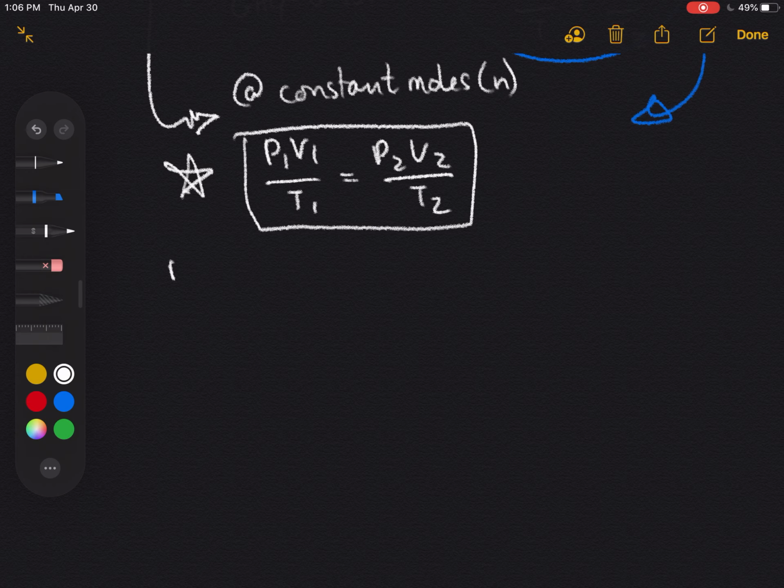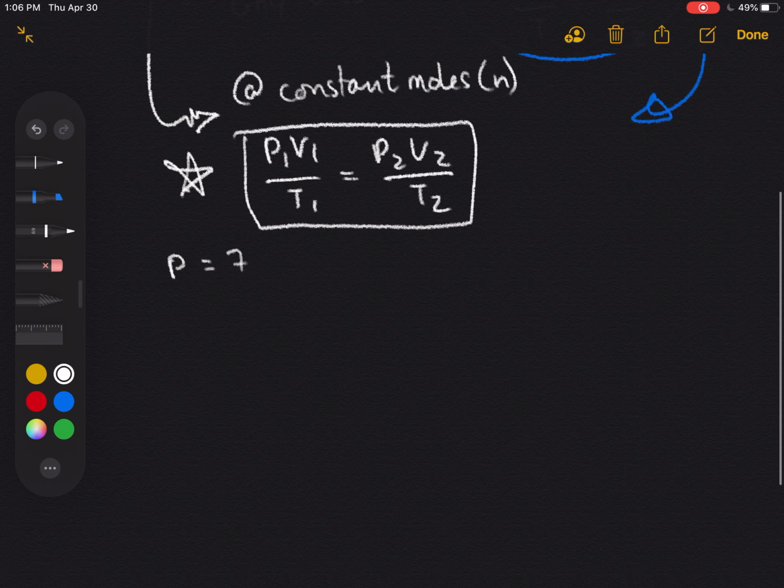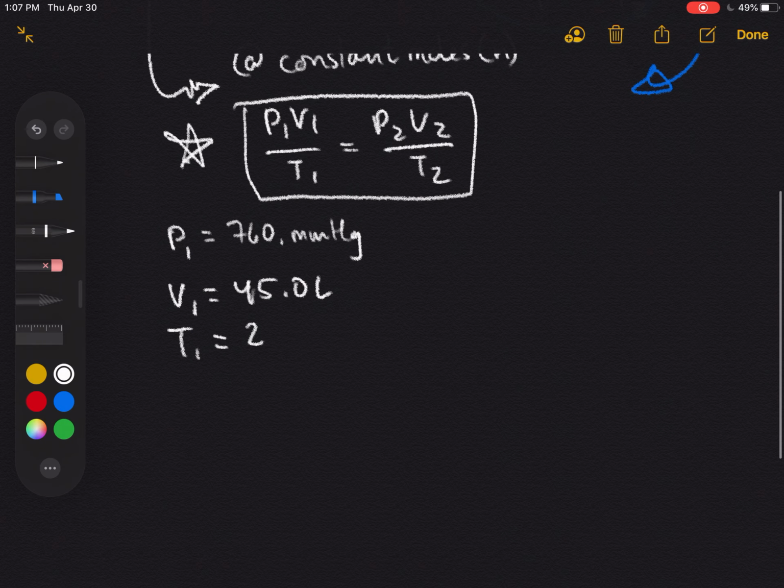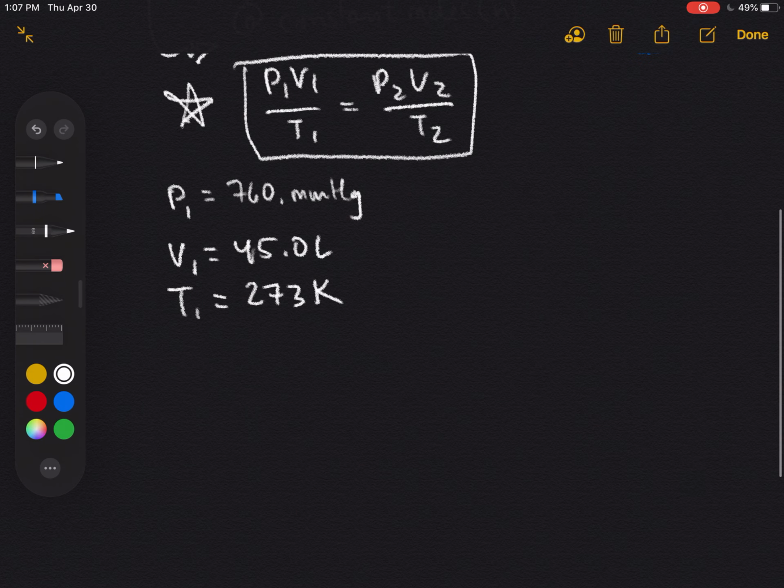So let's say that we have a gas in a container. It's at a pressure of 760 millimeters of mercury. So that's our initial pressure. The initial volume is 45 liters, and the initial temperature is 273 kelvins. Now we change the conditions a little bit.